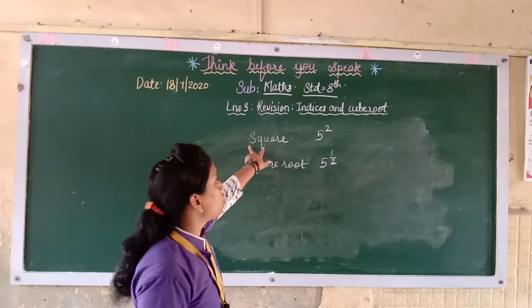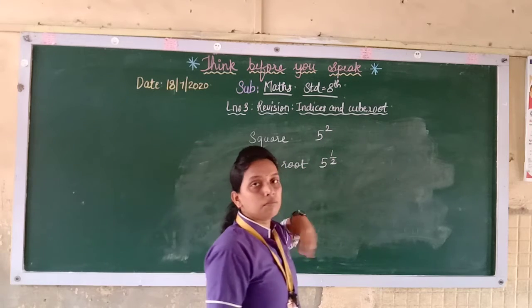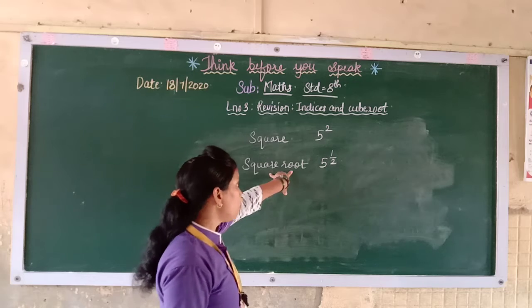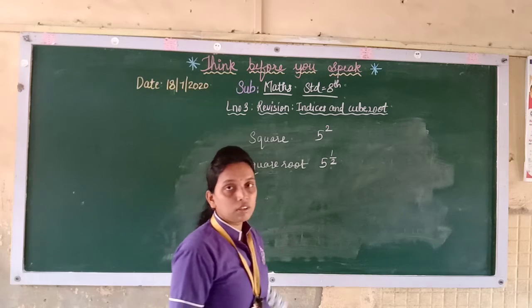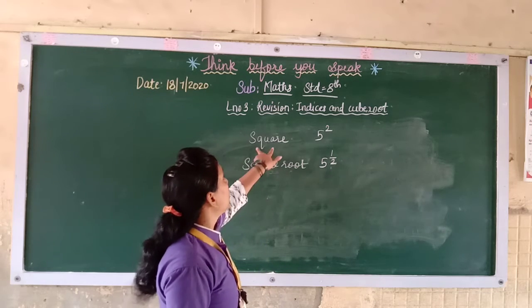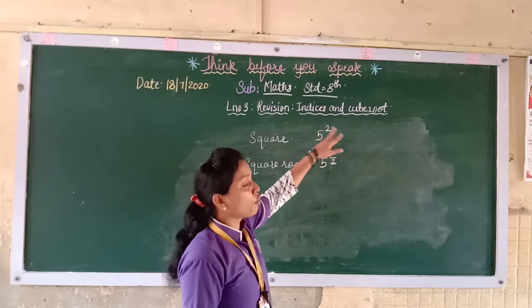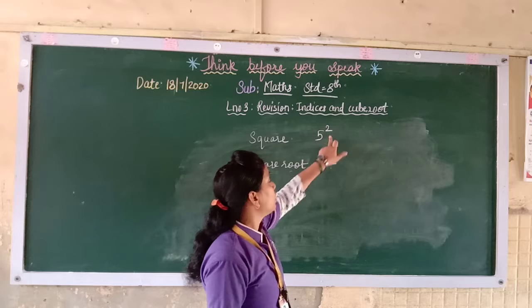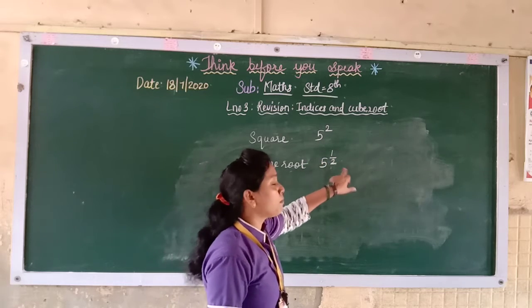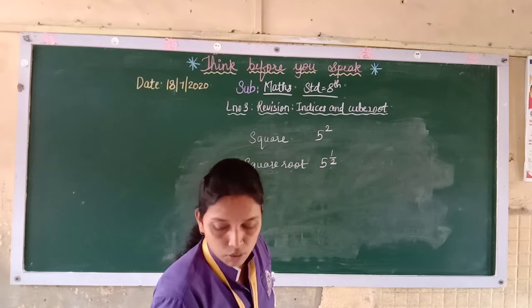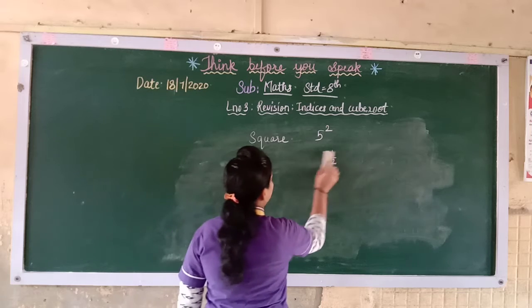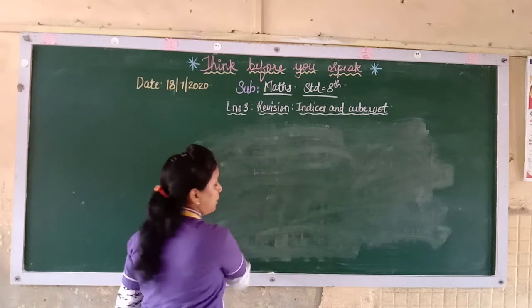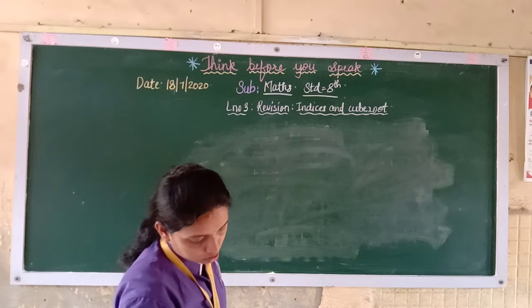If it is cube, it will come 3; if it is cube root, it will come 1 upon 3. If it is the fourth power of 5, it will come 4, and for the fourth root it will come 1 upon 4. Remember this because it is important and it will be used in solving sums.